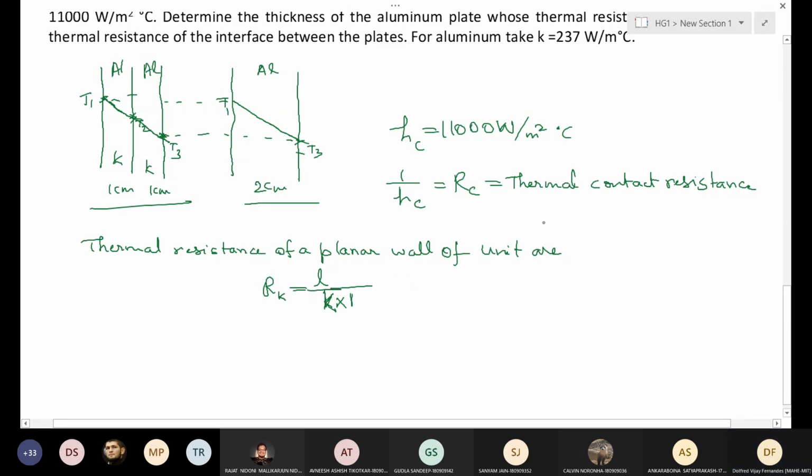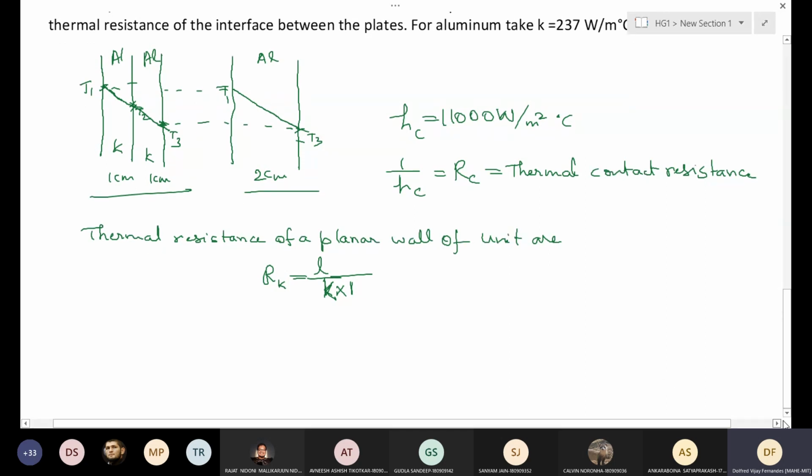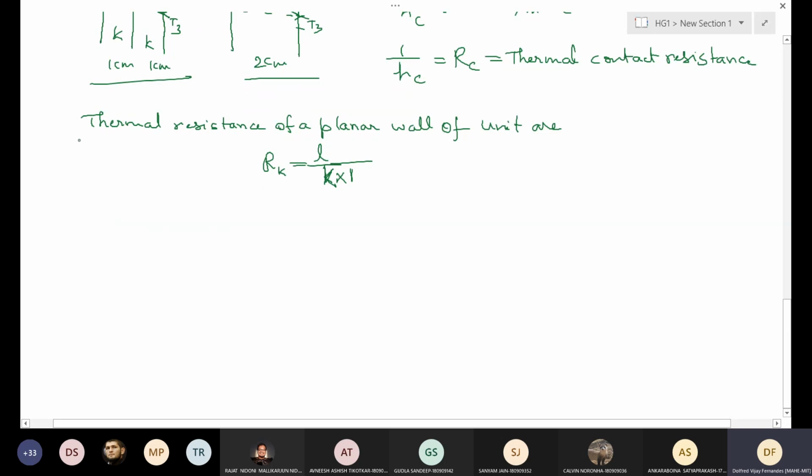Okay, so we have the contact resistance here 1 by 11,000 and the planar wall of unit area has a resistance of L by K. So we can now find out the thickness of the wall by equating these two resistances, okay?